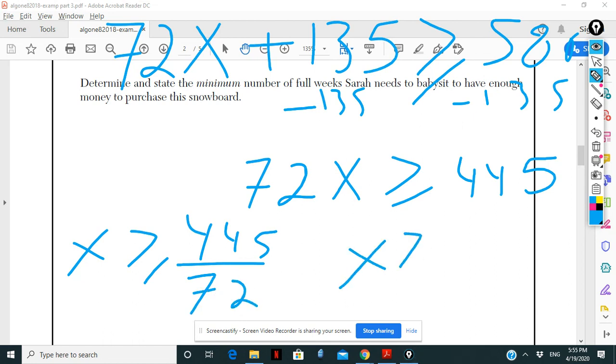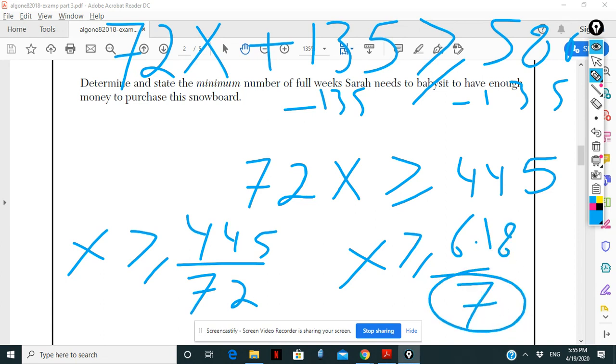Now I'm going to use a calculator. By estimation, it's around 6 point something. 445 divided by 72 gives us 6.18. So the minimum weeks she needs to work is 7, because we said it's more than 6.18 weeks.